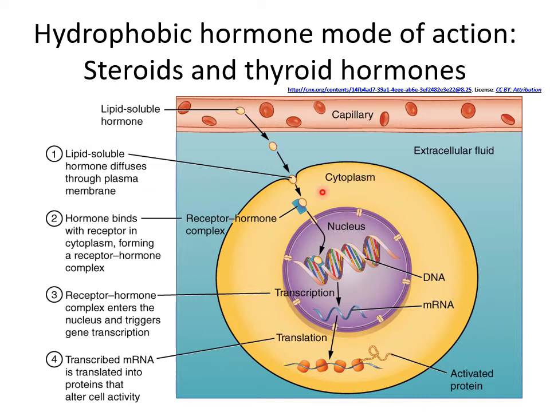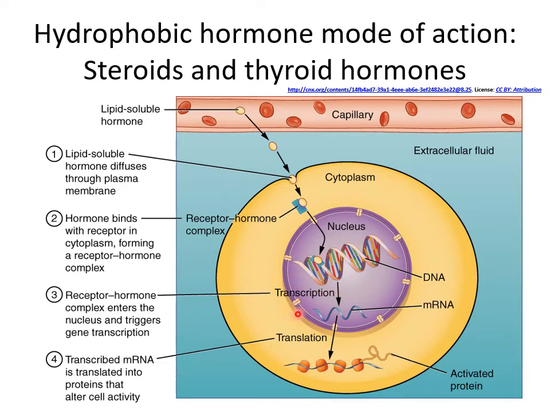However, it will be difficult for it to leave the membrane and enter the aqueous cytoplasm. So it will have to bind a protein, which we will call a receptor, in the cytoplasm and form a receptor hormone complex. This receptor hormone complex will float across the cytoplasm, enter the nucleus, and directly interact with the cell's DNA.